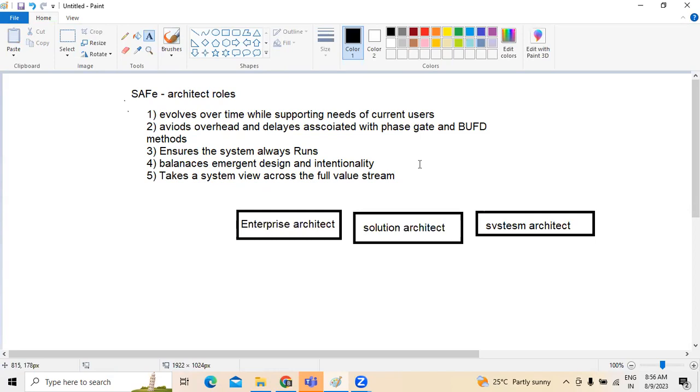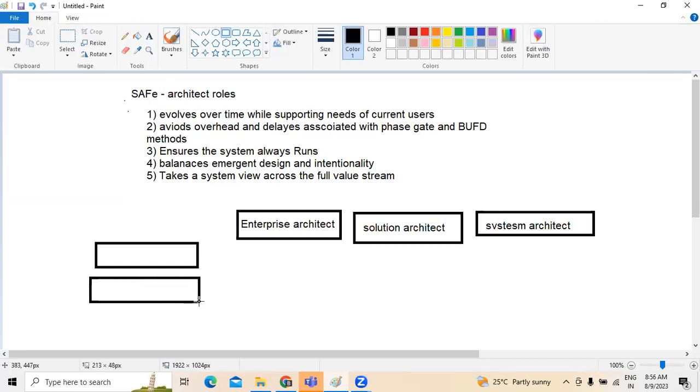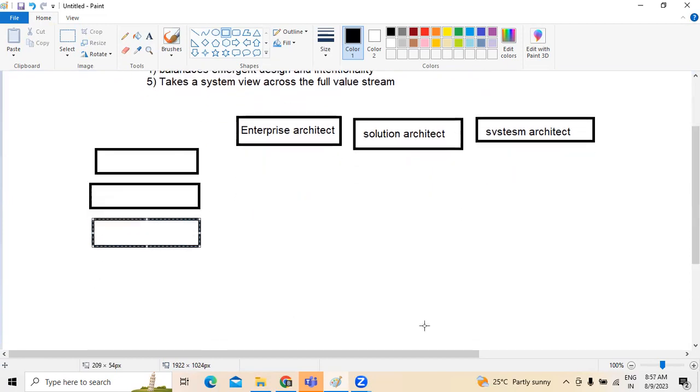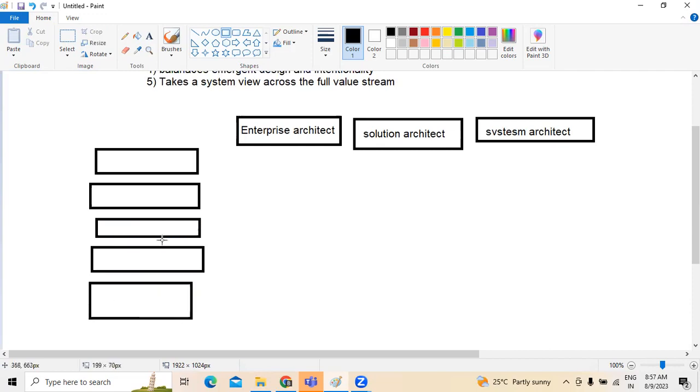Whenever we try to understand enterprise, solution, and systems architecture, we have to understand architecture at a high level in four to five different phases, five different phases I can say.